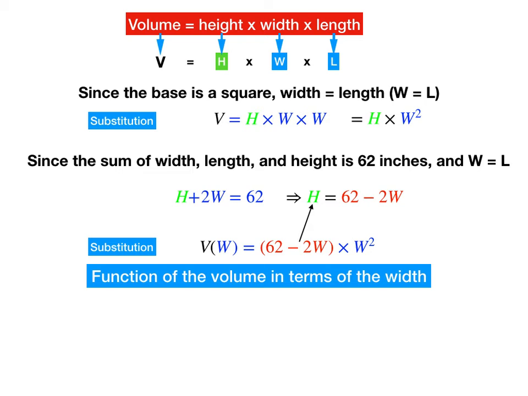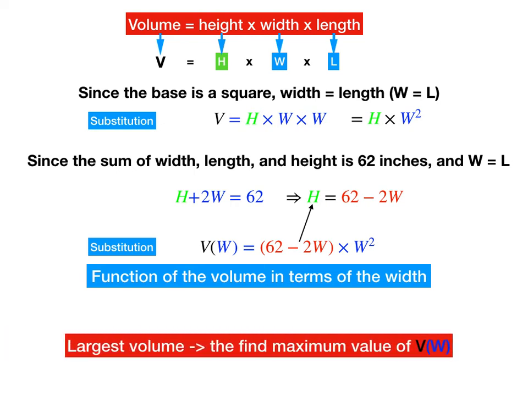The volume is the output, and the width is the only input in this function. Meaning, if we want to find the largest volume, we want to find the maximum value of this function V of w.